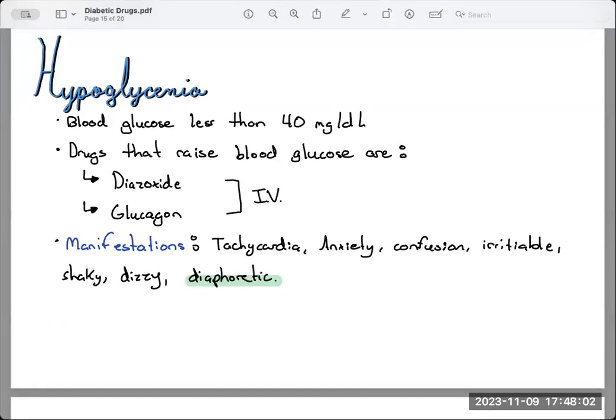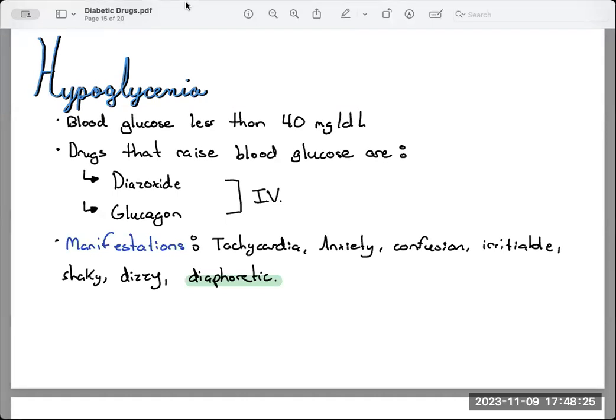Another way that we can do this is we can also give a carbohydrate snack, like a soda, not diet, regular soda, milk, or juice, like 4 to 6 ounces, or like 8 to 10 pieces of candy if they're conscious. But a lot of the time they become unconscious and they might pass out.